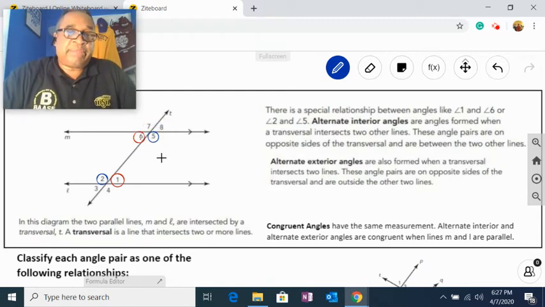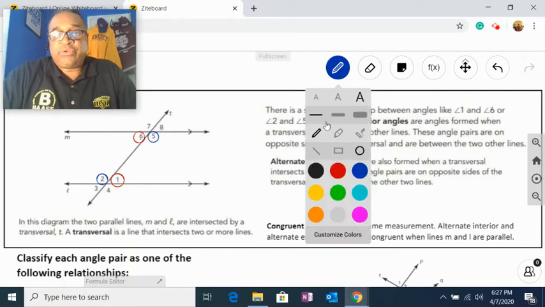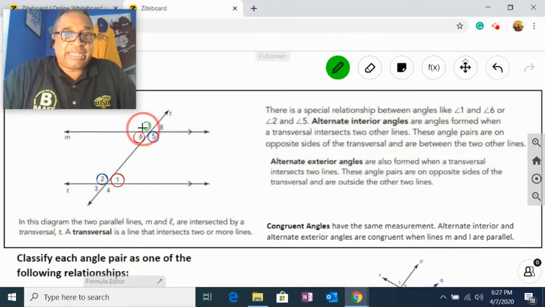Since those are inside the lines, if we go outside the lines, these are alternate exterior angles, okay? Angle 7 here is outside the line, along with angle 4 here. They're outside of the two parallel lines, and they're on opposite sides of the transversal, and then 3 and 8 as well.